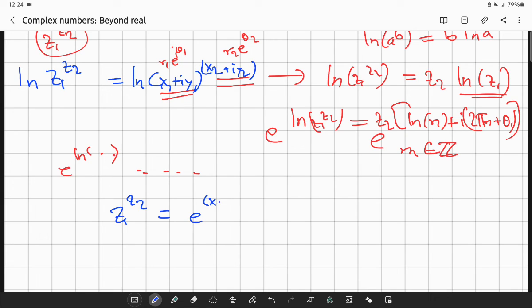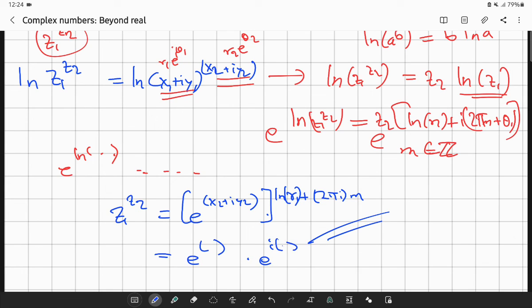What is z2? z2 is x2 plus i y2, and you're basically multiplying these two, so we'll have ln r1 plus i(2 pi m plus theta 1). Depending on the question, you don't need to simplify this further. You can just leave it like this. You can even take the real parts together, e raised to the real parts times e raised to the i things together. That's it. You don't need to simplify things further.